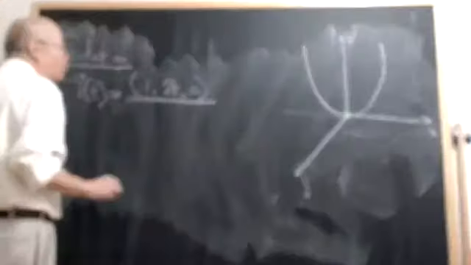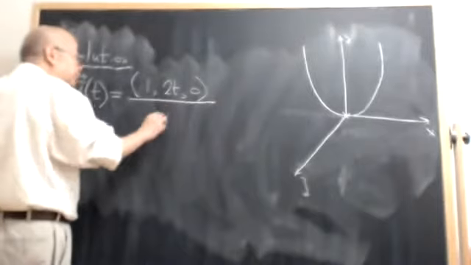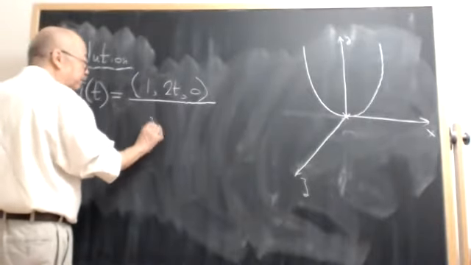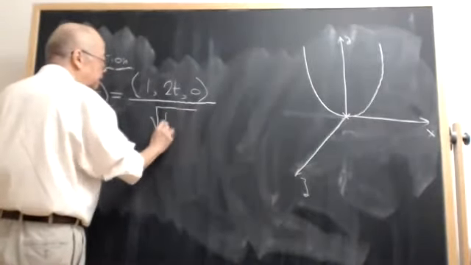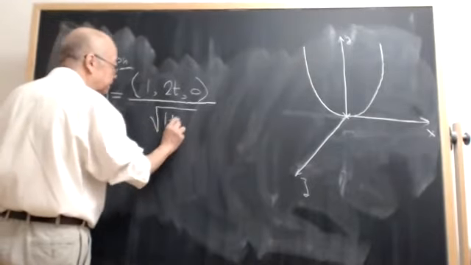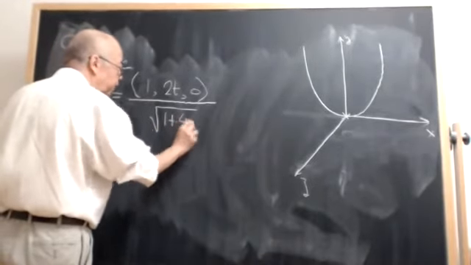And then I am going to divide it by its norm. And what is it? It's the square root of 1 plus 4t squared.